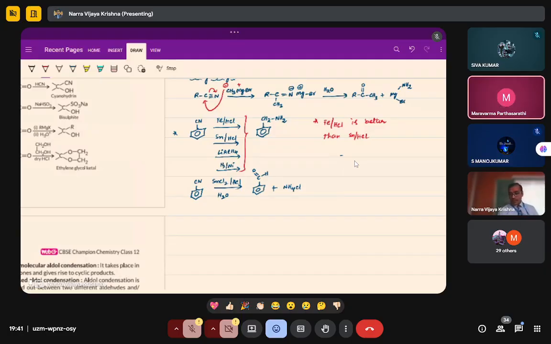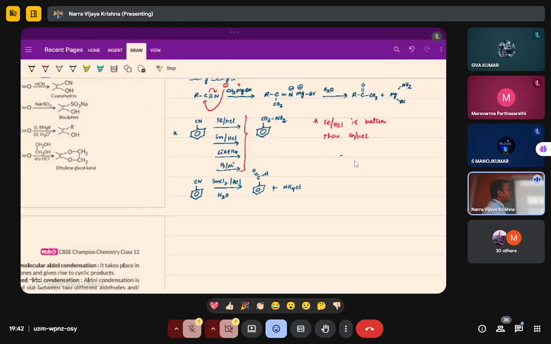See this statement, sir. I am taking the side heading: Stephen reduction. I am typing it. What is it, Stephen reduction? Same or not?